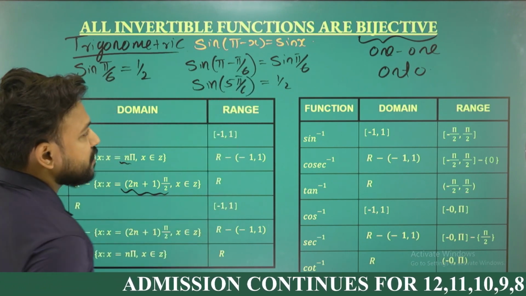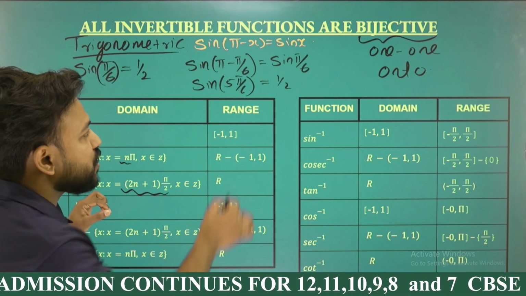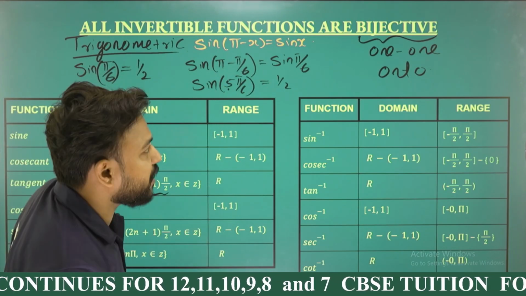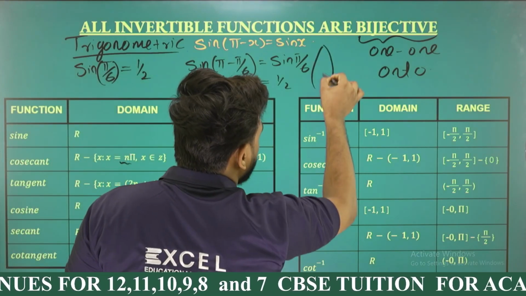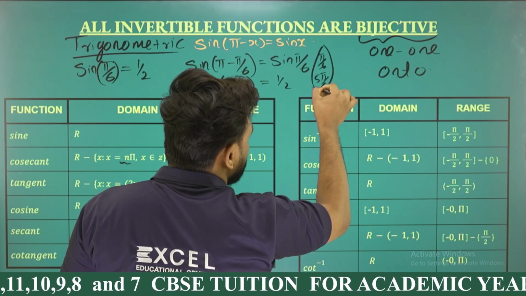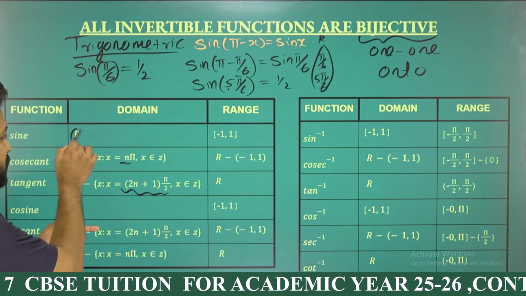Yeah, very good. So you can see for the value pi by 6 you are getting 1 by 2. And for the value 5 pi by 6 you are also getting 1 by 2. So when we draw the arrow diagram, there is pi by 6, there is 5 pi by 6. So actually this set is real numbers. So the domain of the sine function is the real numbers.